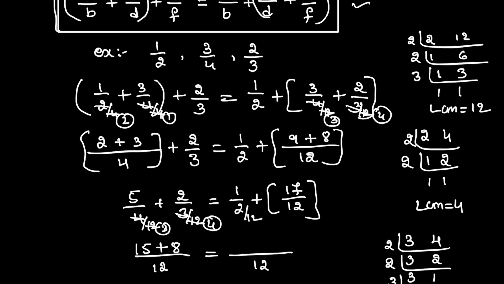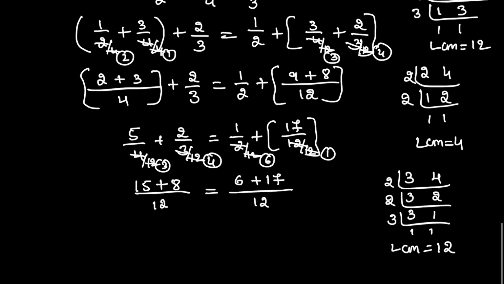Divide the 12 by the denominator: 2 sixes are 12. 6 plus 17, and 15 plus 8, so we will get 23/12. Here also we get 23/12.